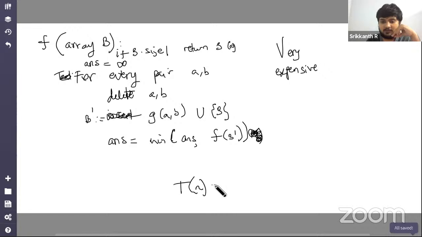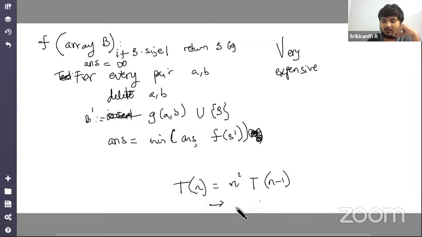We can find the recursive relation for T(n): there are n squared choices to delete a, b, and once you've deleted 2 and added 1, you have an array of size n minus 1 for which you need to find f again. So T(n) is n squared times T(n minus 1).